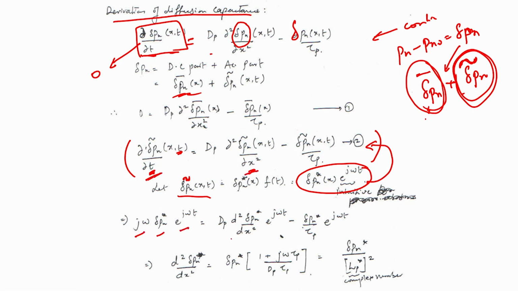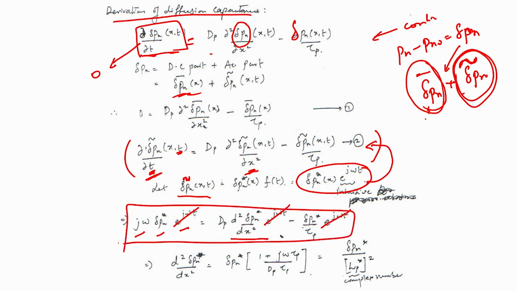This term here will give you this component, that's delta Pn star there, and this component is simply a direct substitution here, and you find that all the e to the power j omega t terms conveniently cancel away, and you will end up with this expression, which is neatly written out over here.